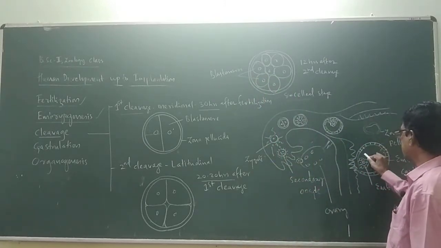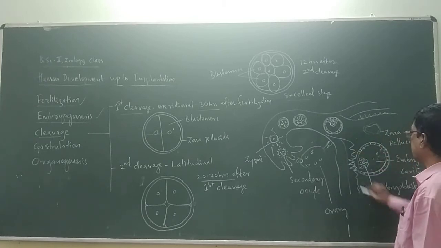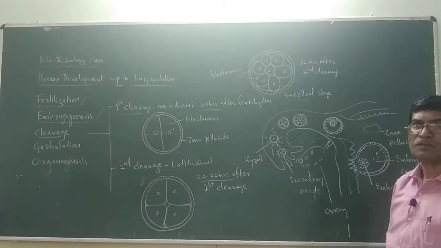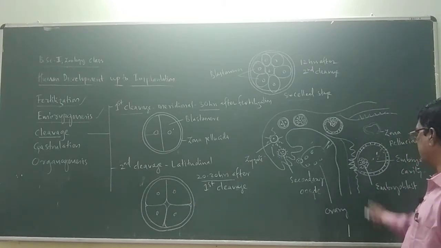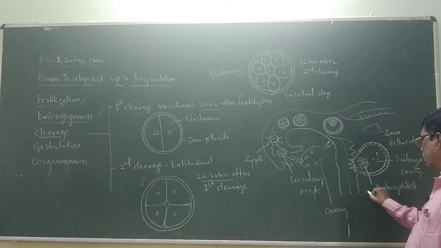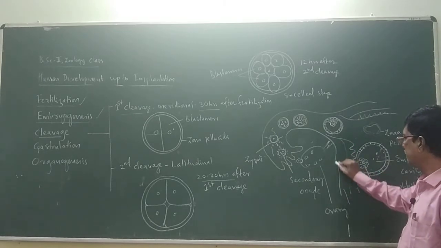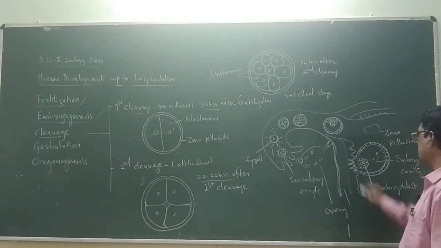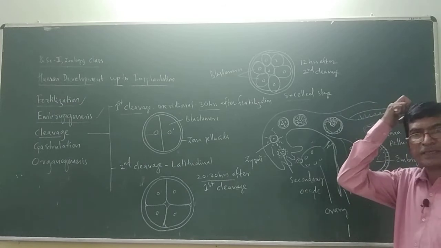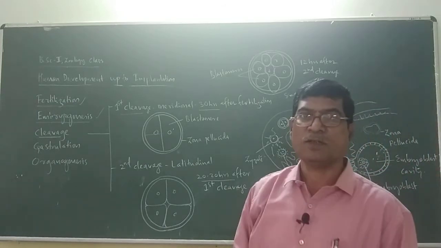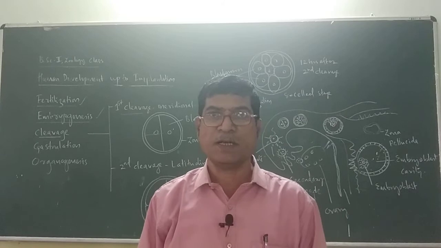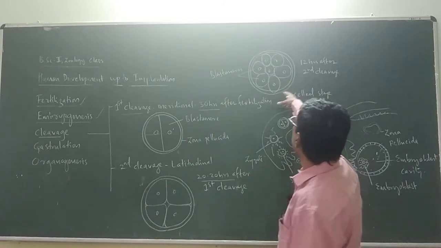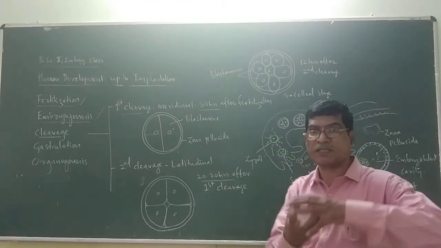So as it comes to the uterine wall, the uterine wall has three membranes: endometrium, myometrium, and perimetrium. By this time, the endometrium goes on secreting nutrient secretions, and these secretions are absorbed by the peripheral cells. As a result, pressure is created inside.